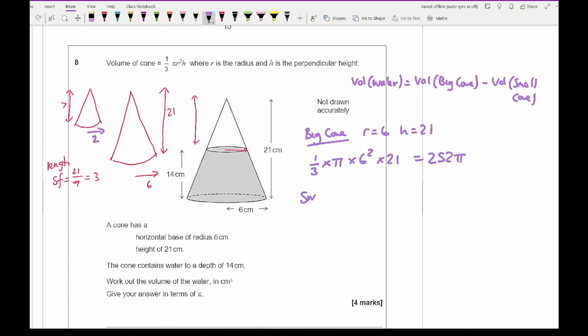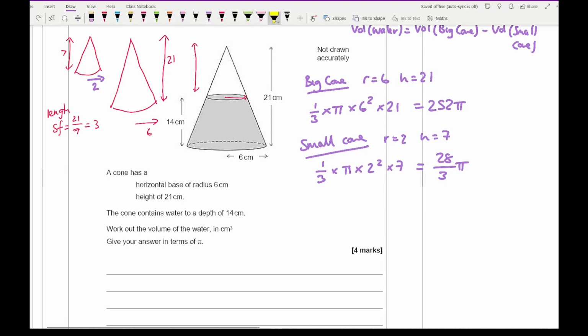Then working out the volume of the small cone, remember we need to work in pi. The small cone has a radius of 2 and a height of 7, so it's 1/3 times pi times 2 squared times 7, which gives me 28/3 pi. All that's left is to take away these two volumes.